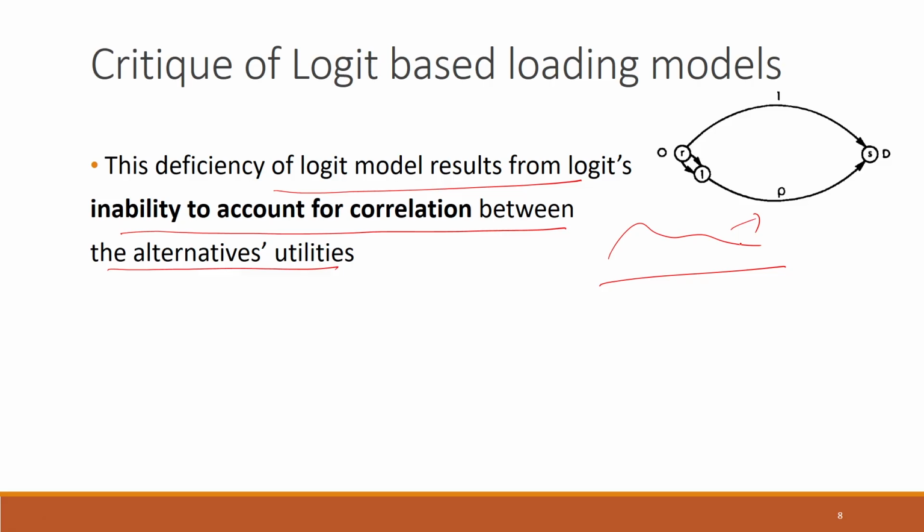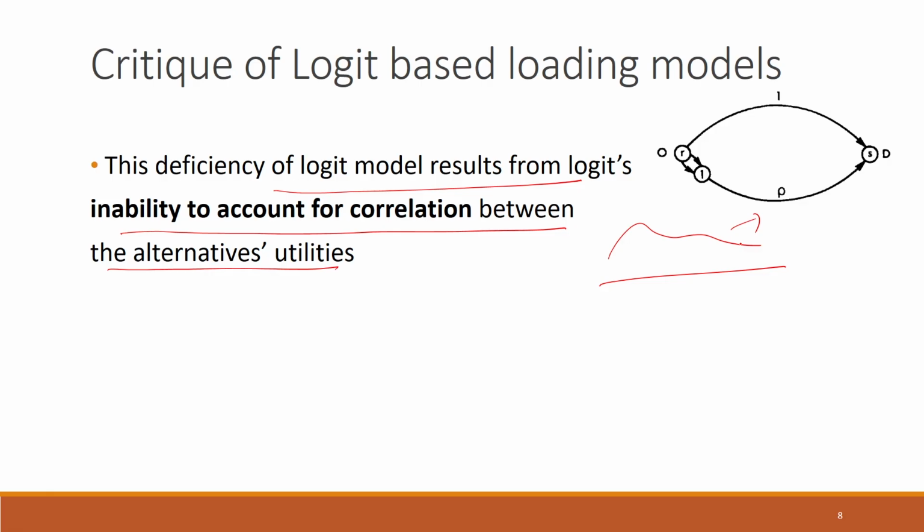Since the perceived utility of any alternative is equal to the measured utility plus the error term value, and the measured utilities are given values, fixed, deterministic values, therefore if any correlation has to happen across different alternatives' utilities here, it has to come from the correlation between the error terms.